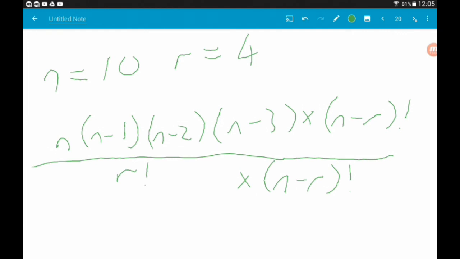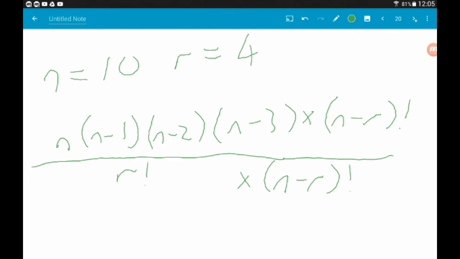So remember what we did. Up on top we had 10 times 9 times 8 times 7. To turn that into 10 factorial, we had to multiply by 6 factorial, which was 10 minus 4, all factorial.